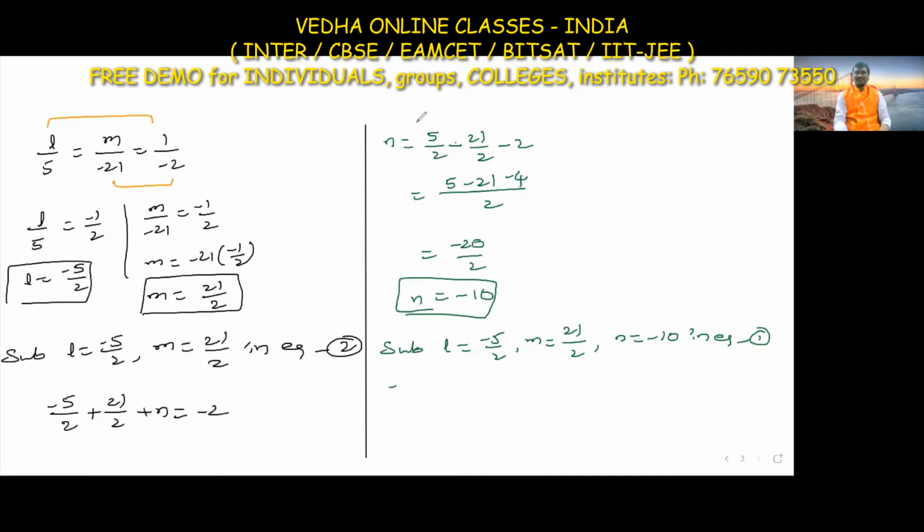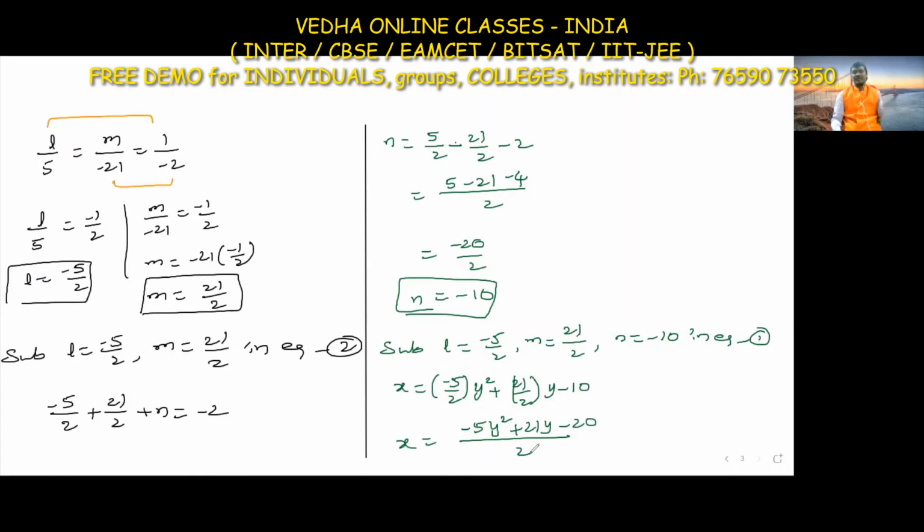X is equals to Lx square, minus 5 by 2 into y square, and M is 21 by 2, into y, and plus N. So take LCM here, LCM is 2. Minus 5 y square plus 21 y and 2 into 10 is 20. This is equals to X.